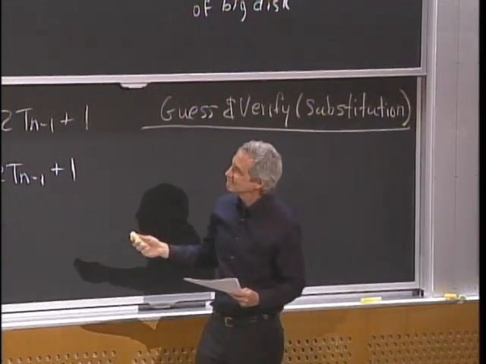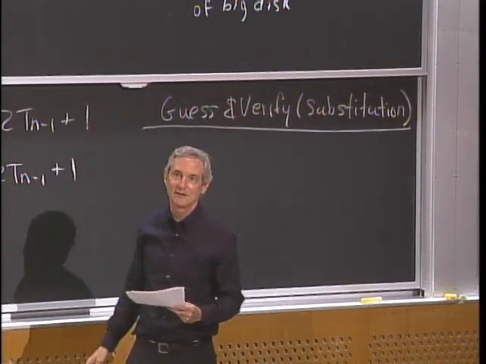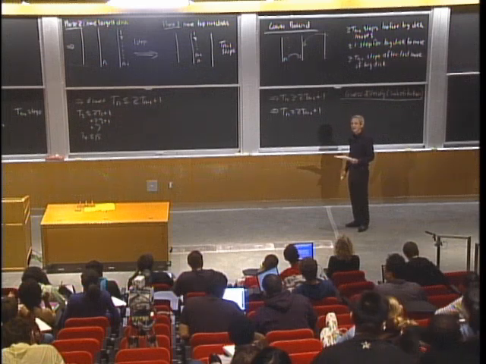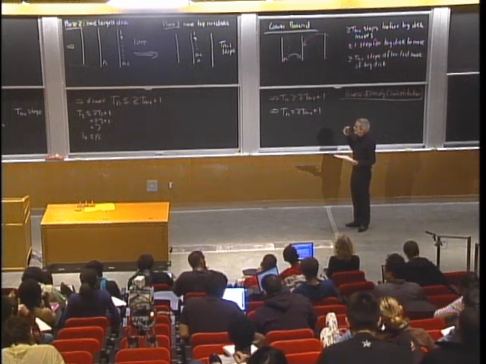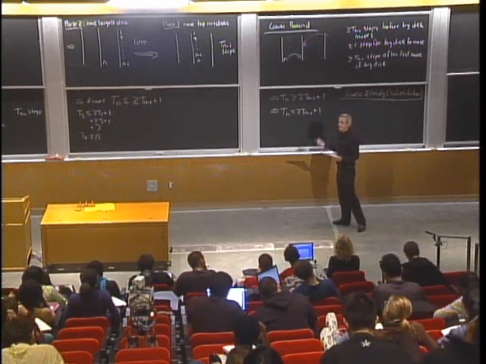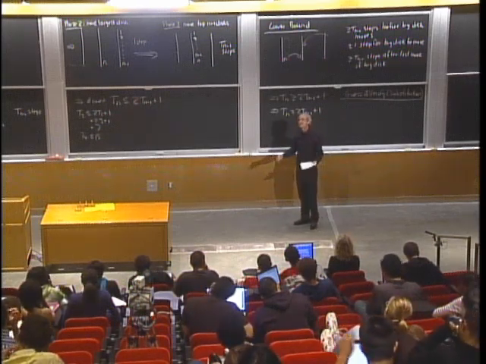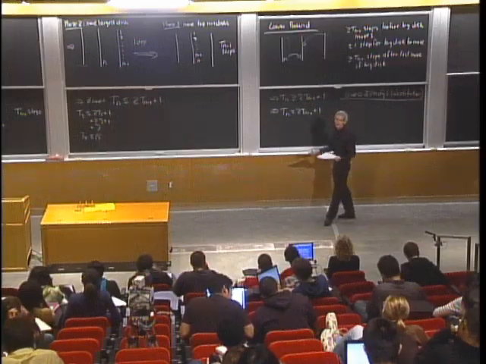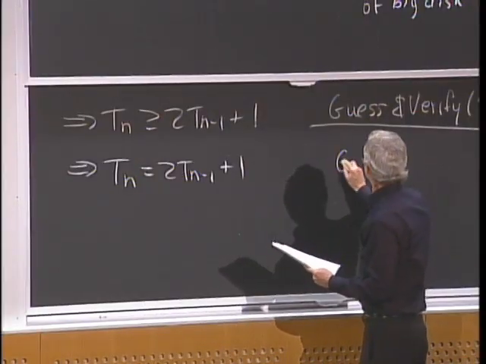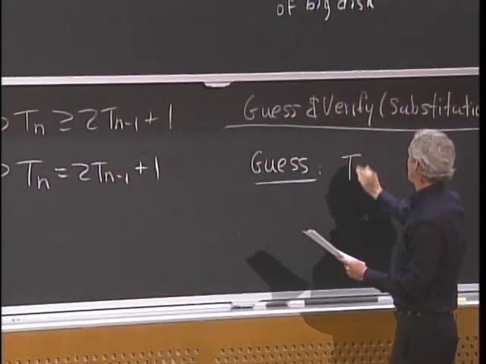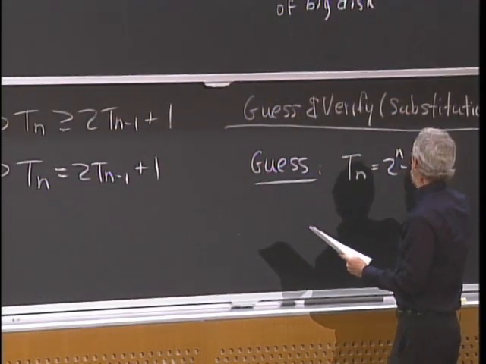Now, what's a good guess for T of n? 2 to the n minus 1. You got T of 1 is 1, T of 2 is 3, T of 3 is 7, T of 4 is 15. You know, you won't compute too many before you guess that T of n is 2 to the n minus 1.